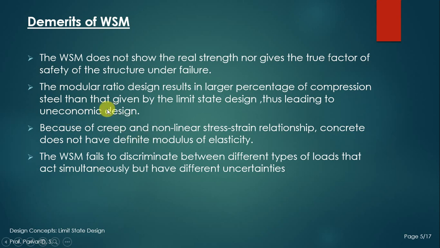Because of creep and due to this uneconomic design, the section size is very high in the WSM. Because of creep and the non-linear stress-strain relationship, concrete does not have a definite modulus of elasticity. The WSM fails to discriminate between the different types of load that act simultaneously but have different uncertainties.